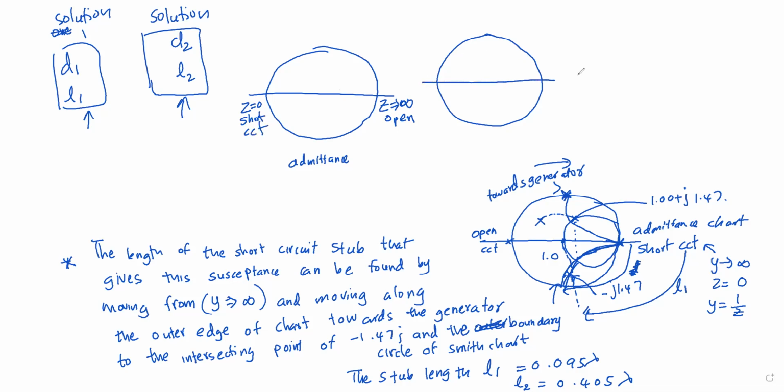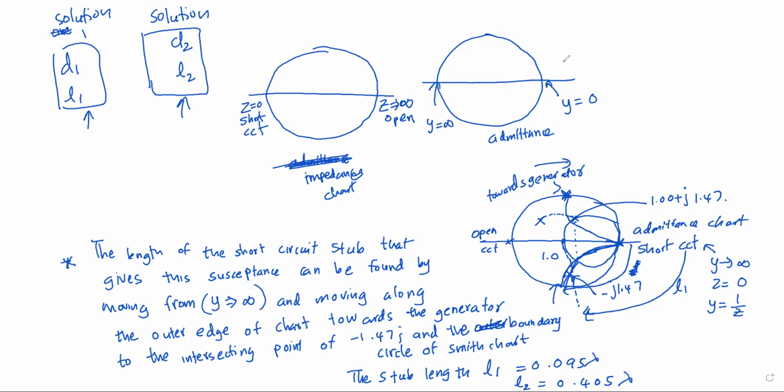So this is the impedance chart, right? Once you take the admittance chart, admittance will be 0 here and admittance will be infinity over here.